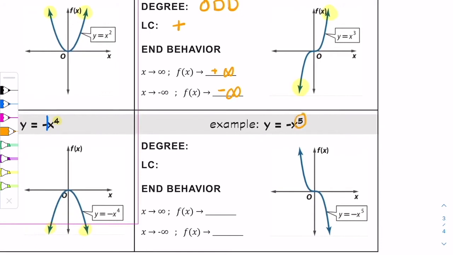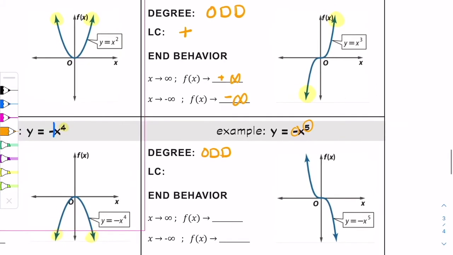If you have an odd degree and a negative leading coefficient, then as your graph heads towards positive infinity, the graph is going to head down towards negative infinity, and as your graph heads towards negative infinity, your graph will head up towards positive infinity.